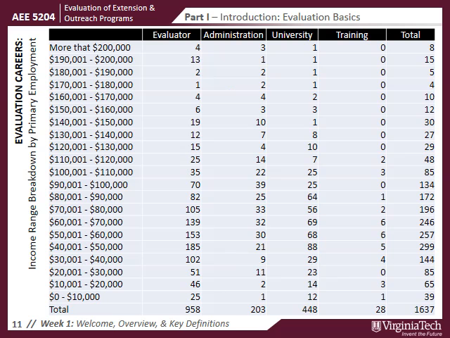And the American Evaluation Association has shown that even beyond the salary numbers that were associated with that CNN poll, there's a great distribution of opportunities across the evaluation field, whether you're a consultant or in administration or in a university setting or working in training.